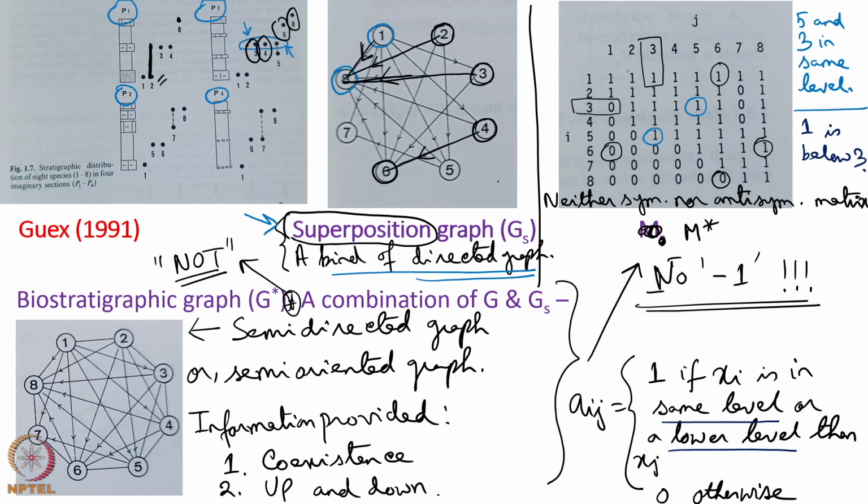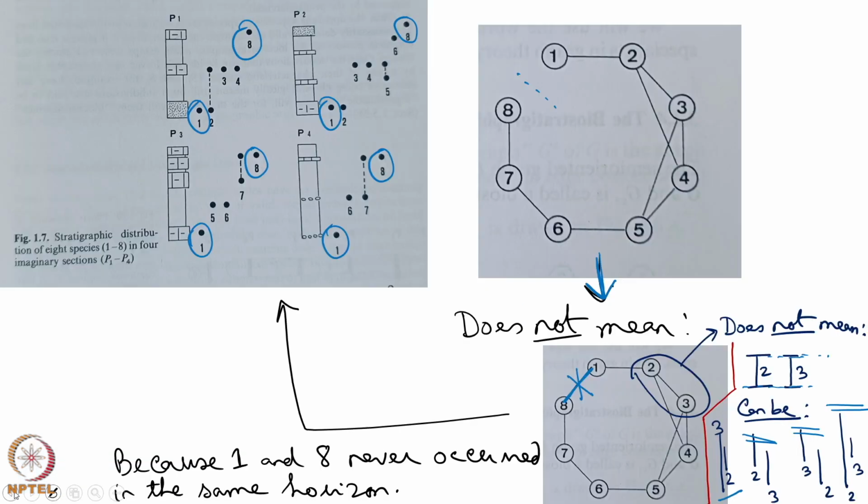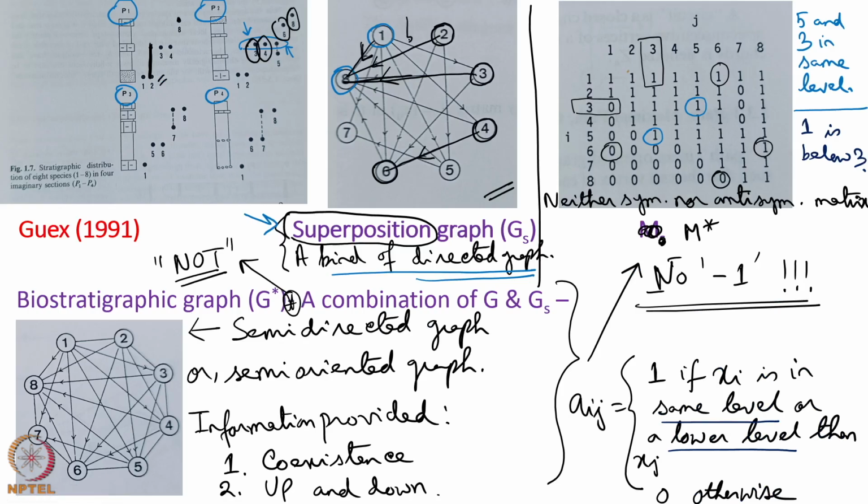If you compare this graph with the coexistence graph, here you can see in the coexistence graph where 1 and 2 were joined, meaning that at some vertical section we found taxon 1 and taxon 2 to occur in the same level. Now, that issue is gone over there. We are not putting any edge connecting 1 and 2.